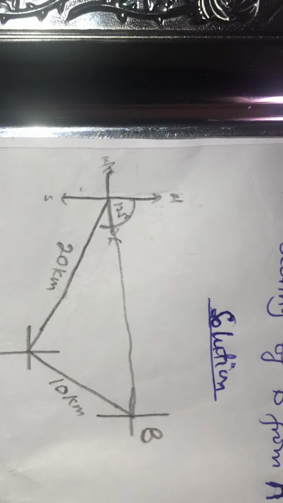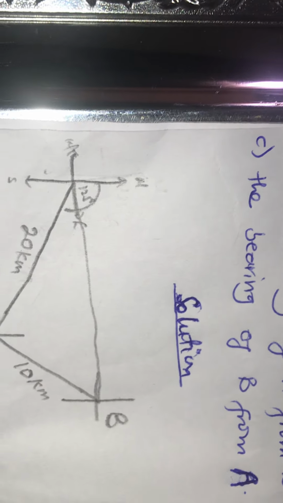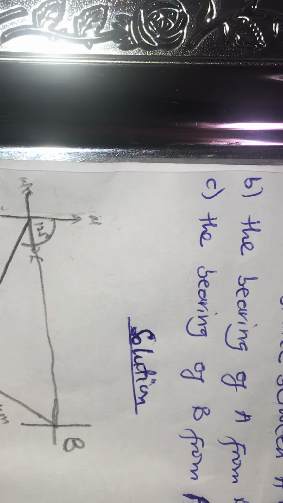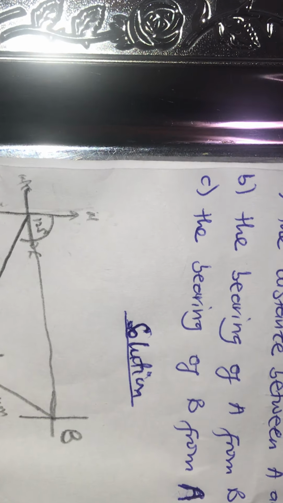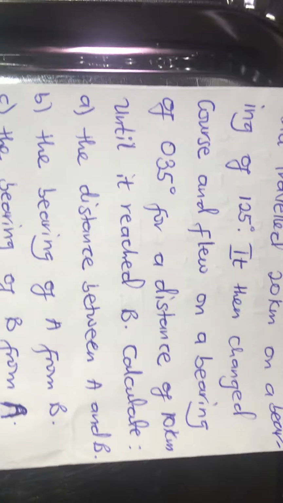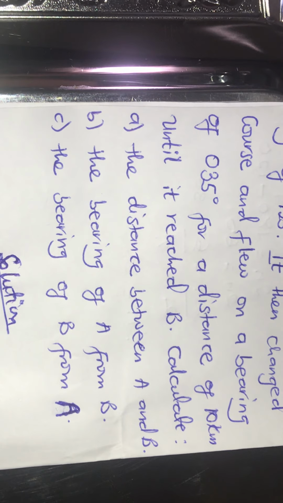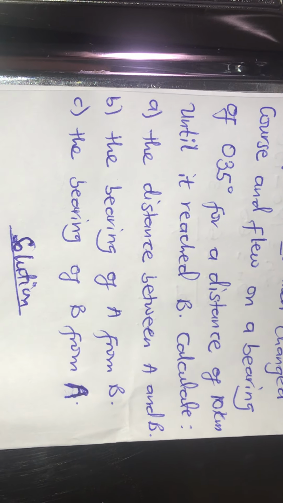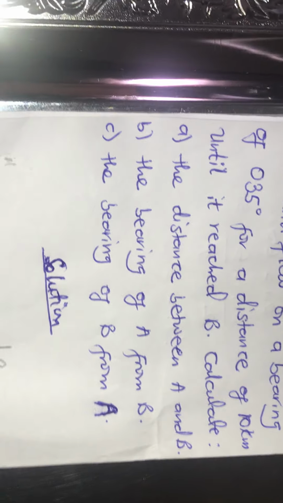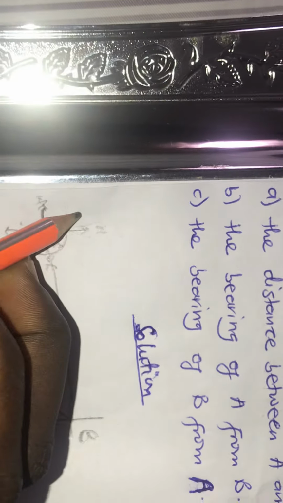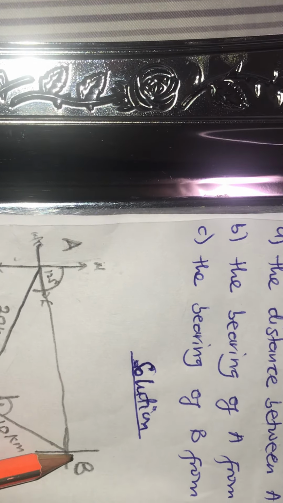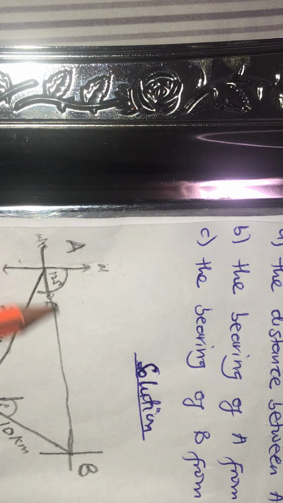So this is our 35 degrees. Let's write it to make everything clear. Then we are to find the distance between A and B, and this is our A, the first port.